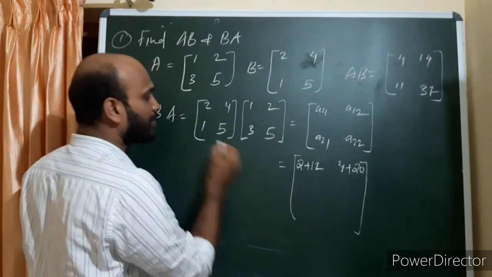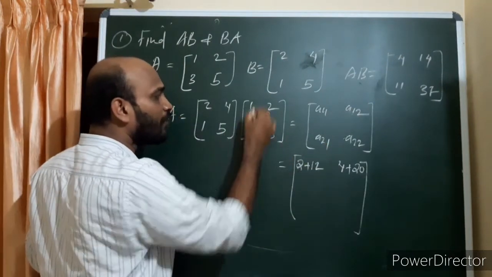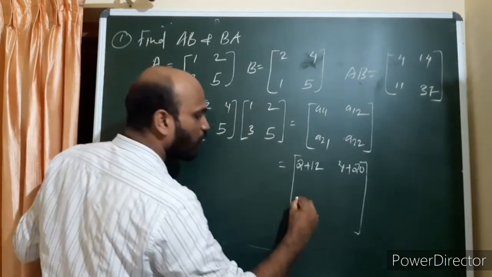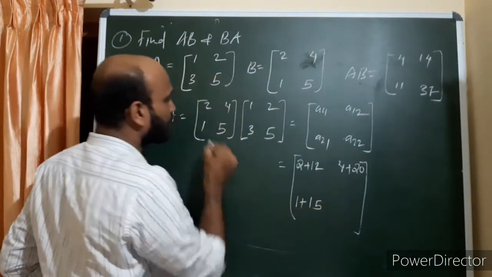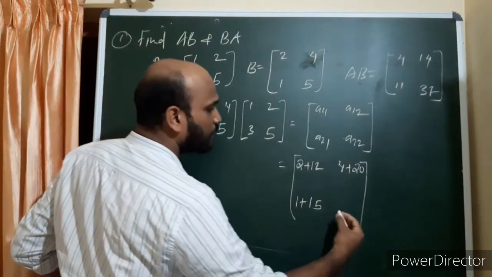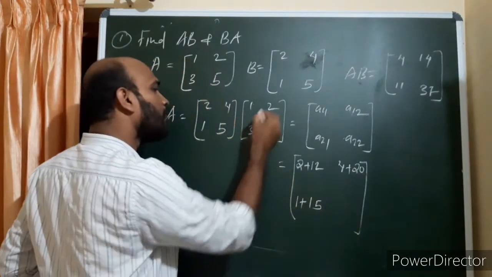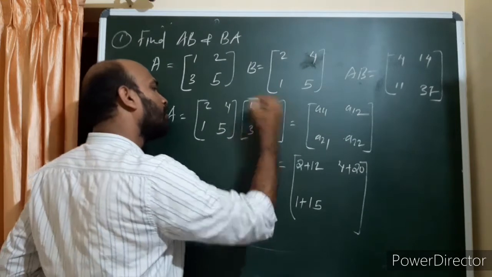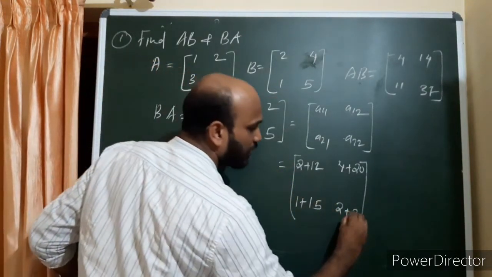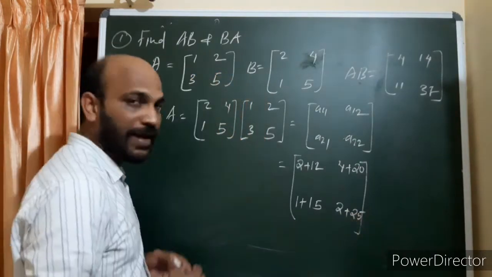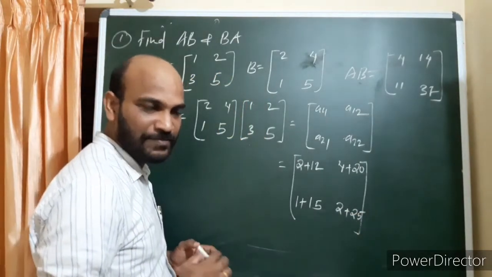Now A21, second row, first column. 1 into 1, 1 plus 5 into 3, 15. Now A22, second row and second column. 1 into 2, 2 plus 5 into 5, that is 25. I think you are getting the concept, right?